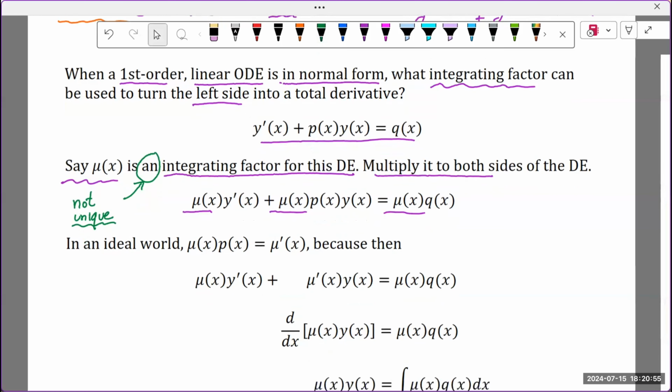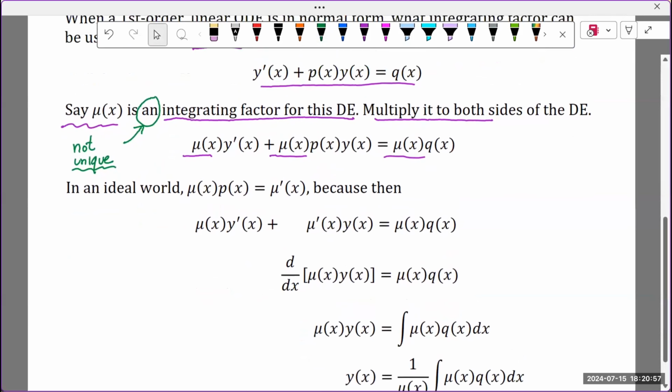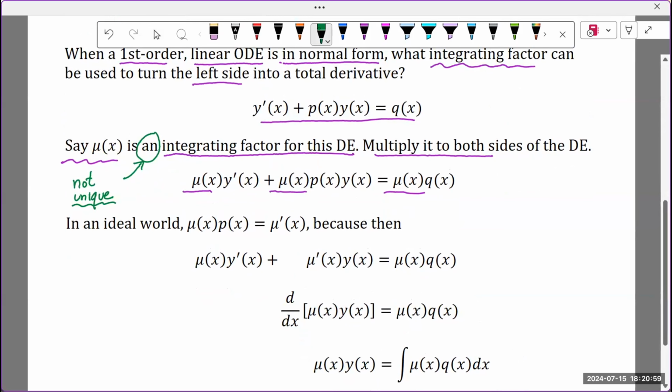Now, in an ideal world, what we're looking for is that this function mu of x, when you multiply it by your function p, which pre-multiplies your y, that thing is going to just be the derivative of our function mu. Now, why do we want that? Well, if that's the case, let's work through what actually happens.